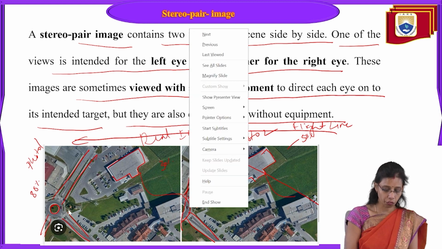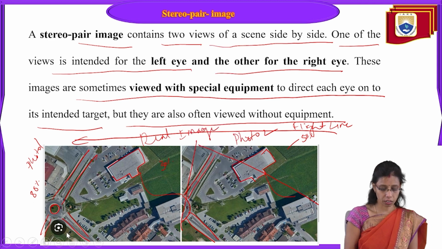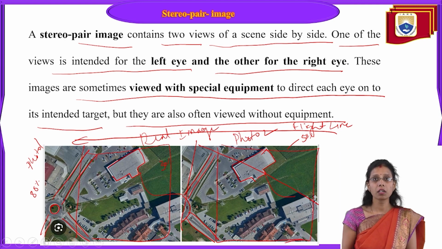Now again it has moved forward, and now it has covered about 80% of the area of this junction. So you can see this portion from here to here and this portion from here to here. So this is the common portion, this is the overlap portion in this image and this image.